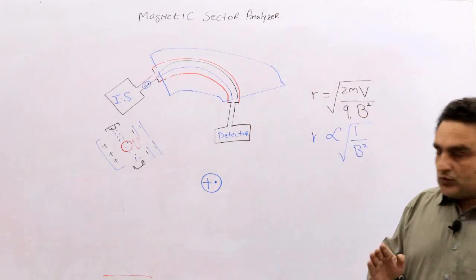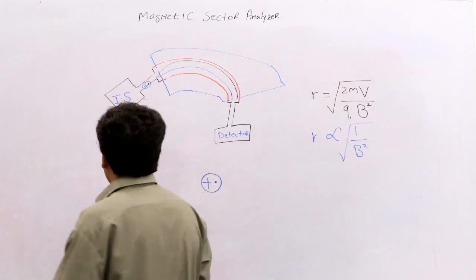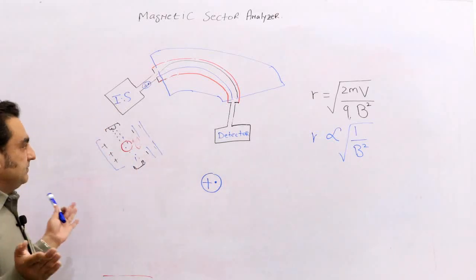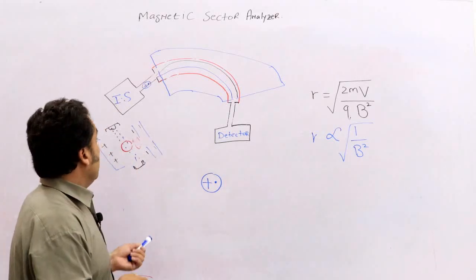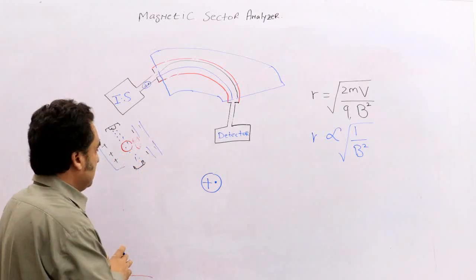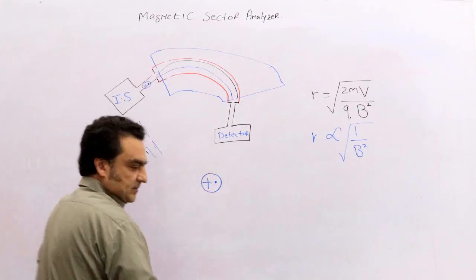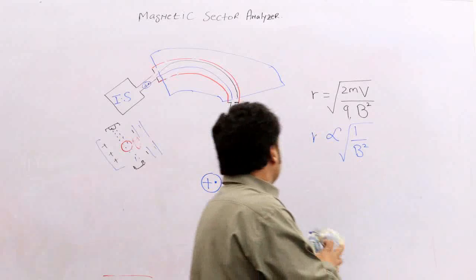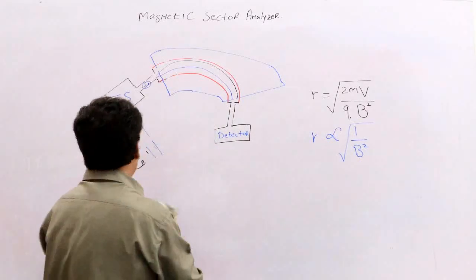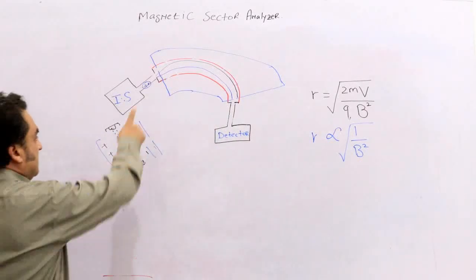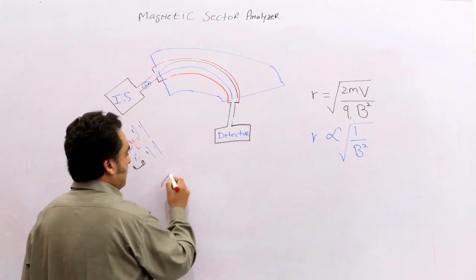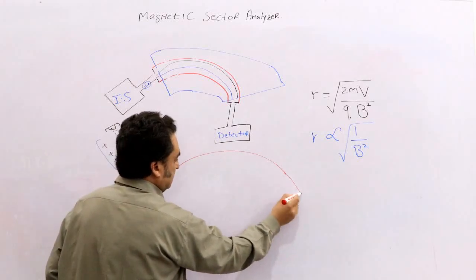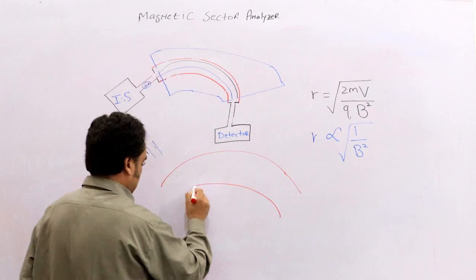So how to connect it with these things? Suppose you have three particles, and let me write it something big. I just want to draw this circle. Okay, this is the circle, a little bit big.